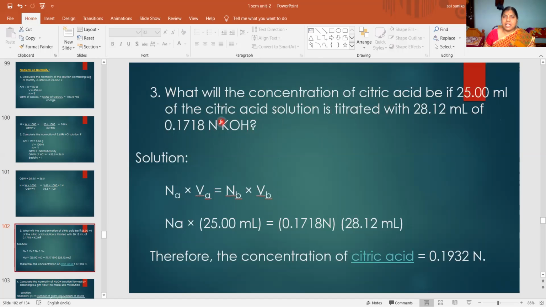Here base normality is given, base volume is given. We don't know the normality of the acid, we know the volume of the acid. So normality of acid keep as it is. Volume of acid is 25 ml, normality of base is 0.1718 N and volume of base is 28.12 ml.